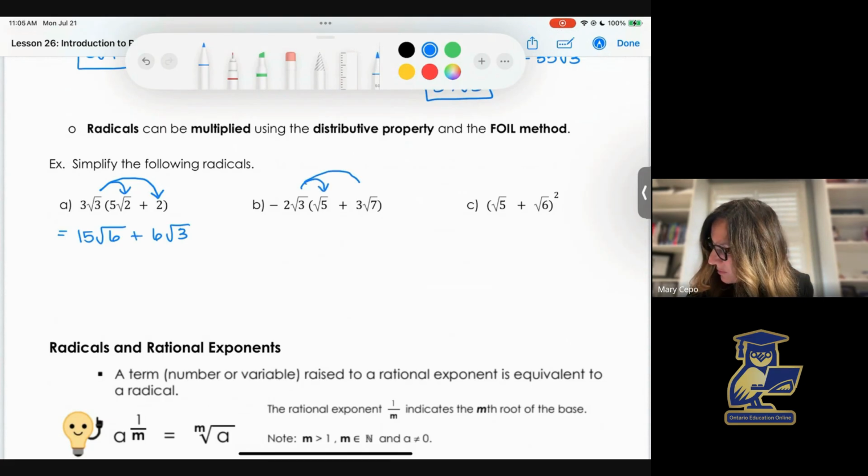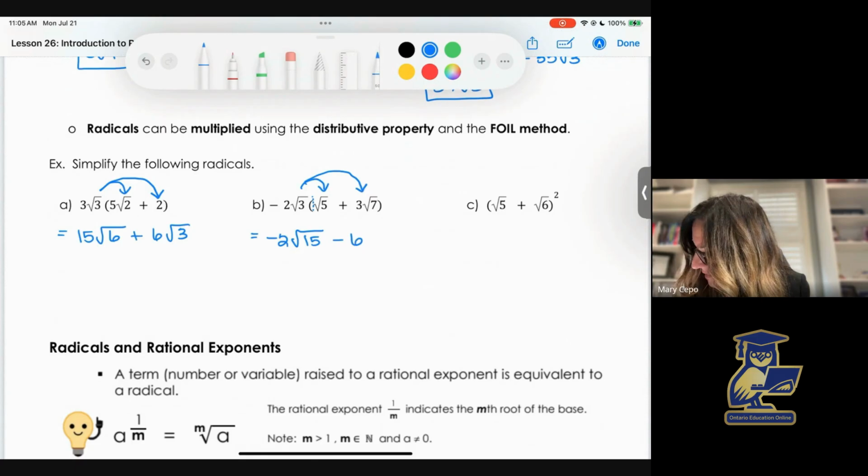Again, distribute properly. Again, coefficients get multiplied together, radicals get multiplied together, meaning those radicand values can only be multiplied by each other. Okay, coefficients get multiplied, radicands get multiplied by each other. Now, if there's nothing up front, we know it's a 1. So negative 2 times 1, which is negative 2, root 3 times 5, which is 15, negative 2 times positive 3, which is negative 6, 7 times 3, which is 21.